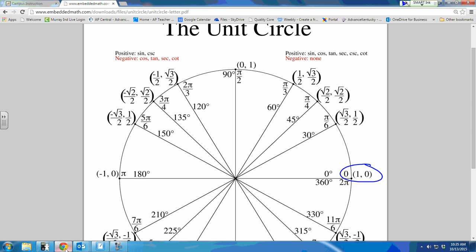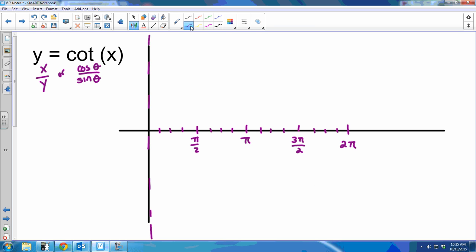If you look at pi over 6, instead of having 1/2 divided by the square root of 3 over 2, we get the square root of 3 over 2 divided by 1/2. So instead of that 0.577, we have the 1.73 first. That means we start up here. At pi over 4, we would still have 1, because to divide something by itself is still 1. And we would go back to the 0.577.